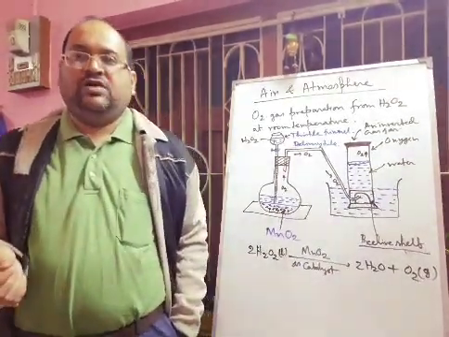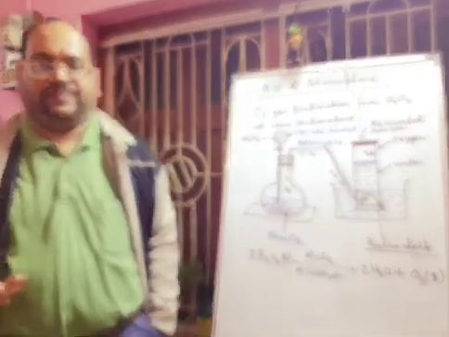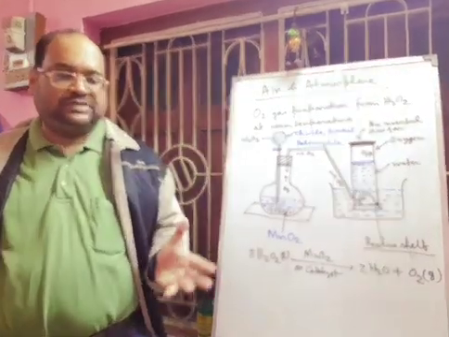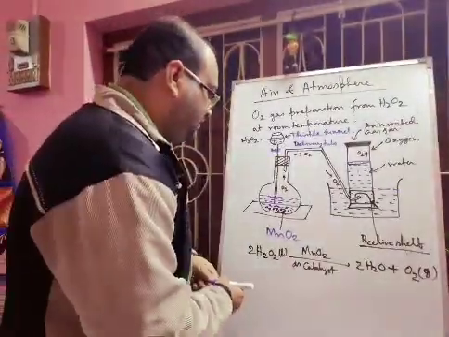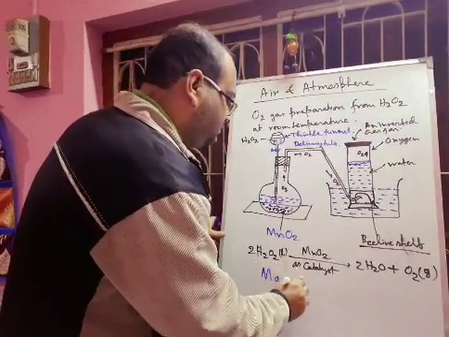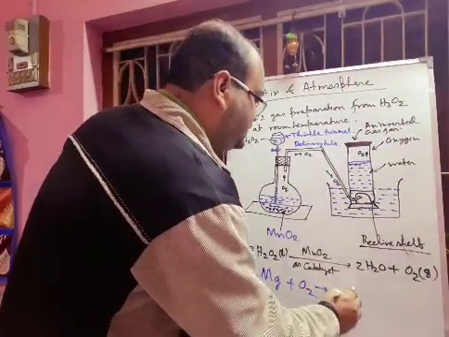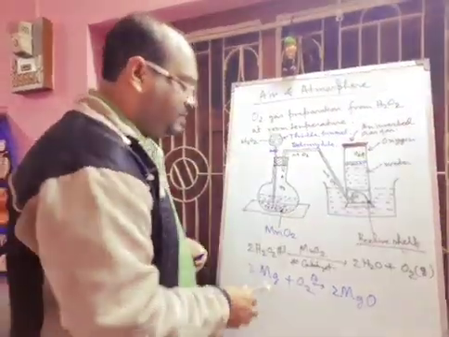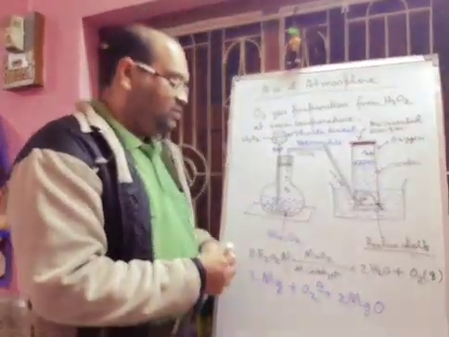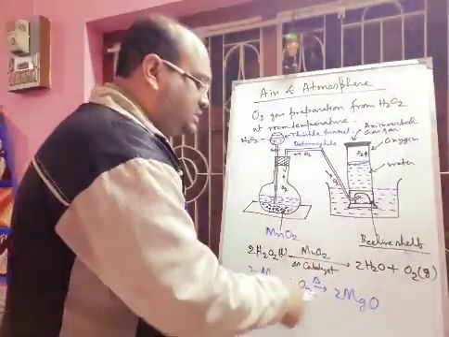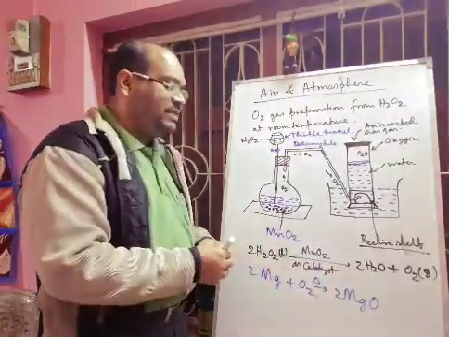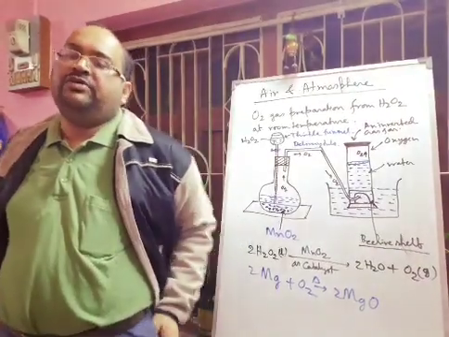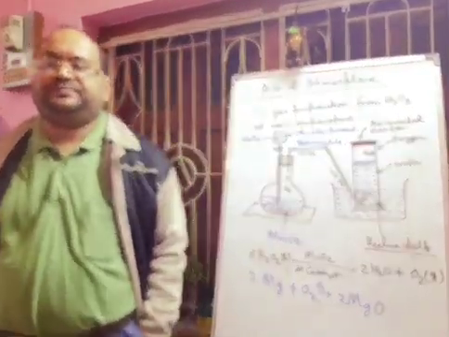You will find that the weight will increase, because magnesium is combining with oxygen present in the air, forming magnesium oxide when you are burning. Whatever magnesium weight you have taken, it is taking oxygen from the air. Whatever magnesium oxide you get as a white ash, the weight will be increased.